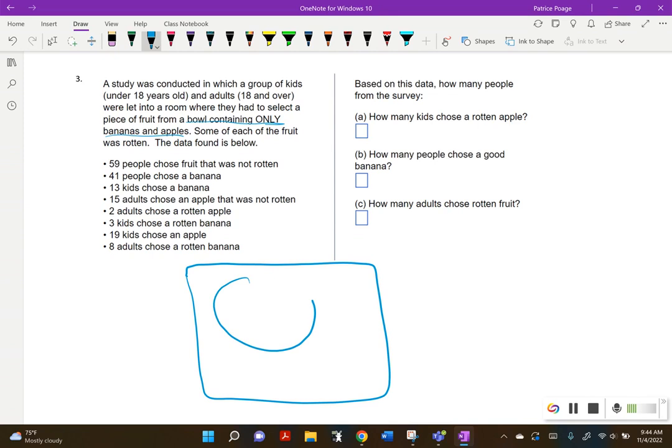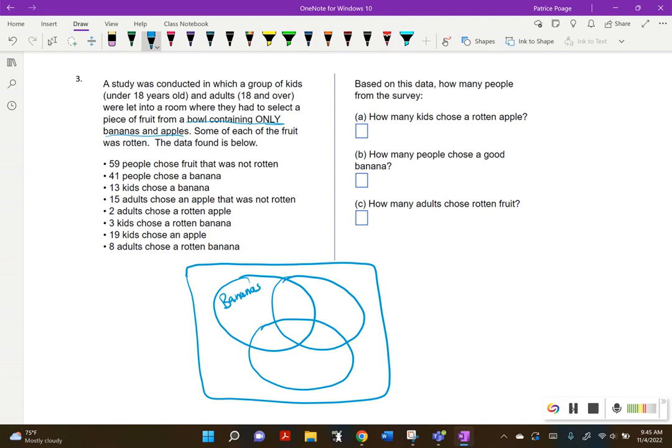So, okay. So we're going to have 3 circles going on here. Since they can only get apples or bananas, there's only 2 things, then we could label one of our circles bananas, or we could label it apples. And whatever's outside that circle would be the other thing. So I'm just going to label this bananas. So if it's a banana, it's in the circle. That means if it's an apple, it's not in the circle.